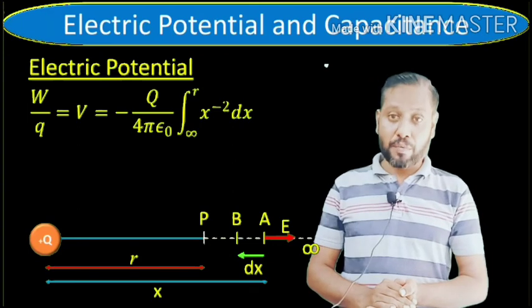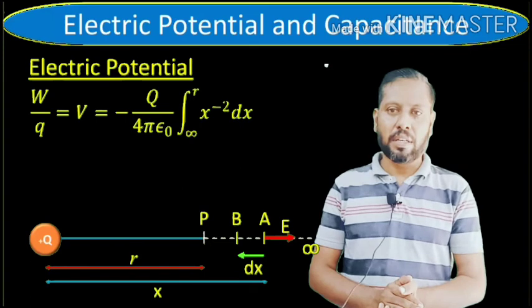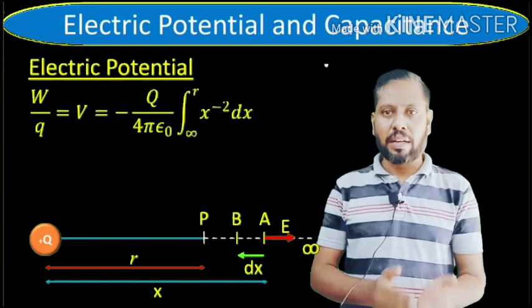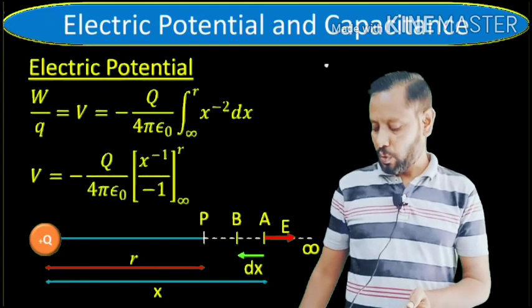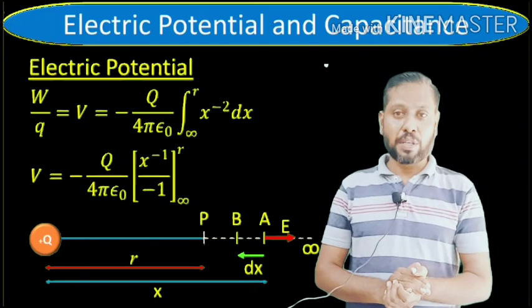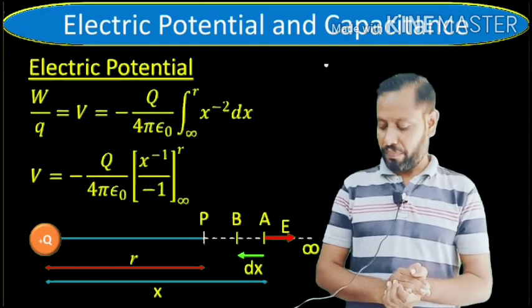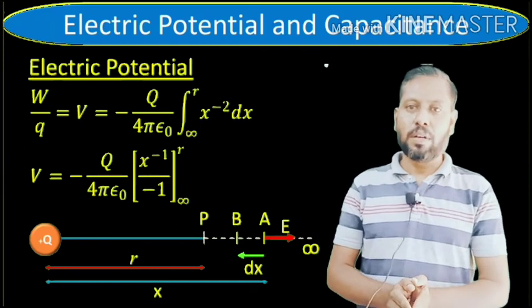Now what is the integration of x raised to minus 2 dx? We have already discussed this in our previous classes. It's a very simple integration. So if you solve this, we can write v is equal to minus times q upon 4 pi epsilon 0 into the integration of this, which is x raised to minus 1.